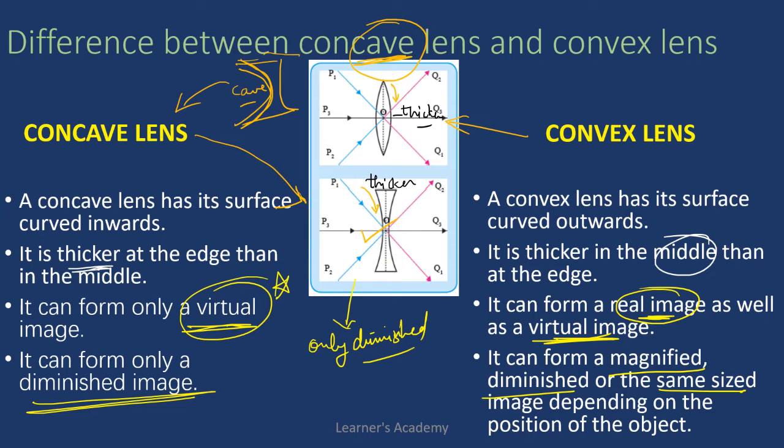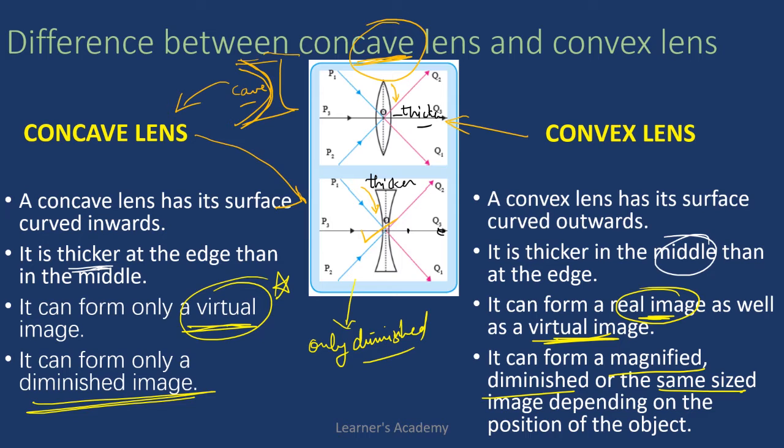So depending on the position of the object, if the object is here, we'll have different image. If the object is here, we may have different size of image. So depending upon the position of the object, we may have magnified, we may have diminished, or we may have same sized image.